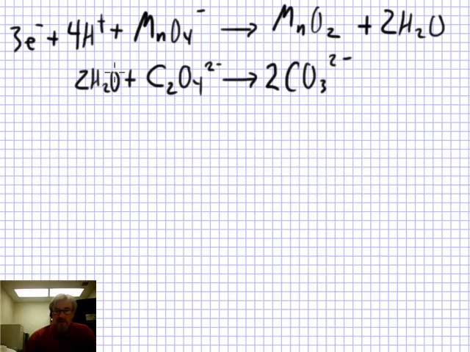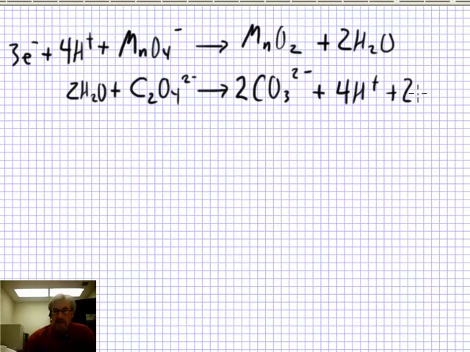That gives me 4 H's on the left. On the right there is no hydrogen, and so I'll put 4 H plus to balance that. And then I have to balance charge. On the right hand side I have 4 minus and 4 plus, so that's neutral. On the left hand side I have 2 minus, so that means to make this balance I have to add 2 electrons to the right hand side.